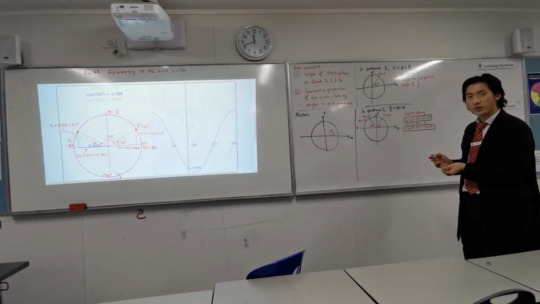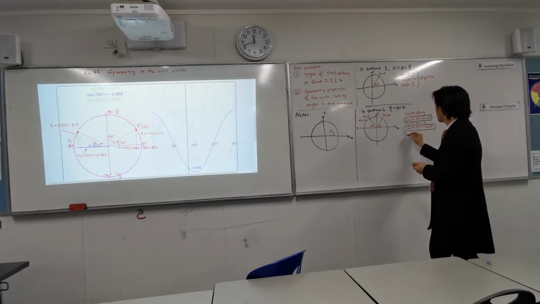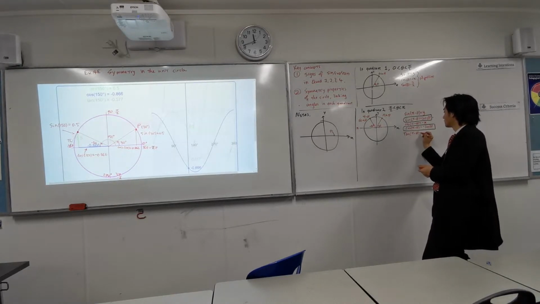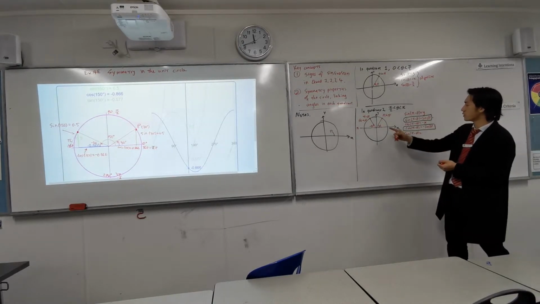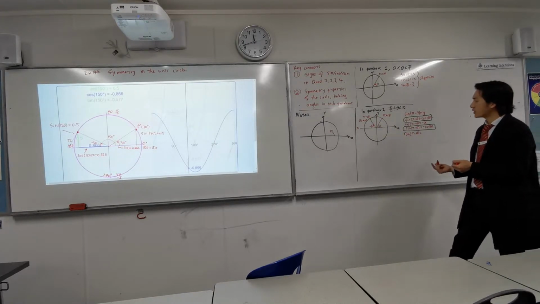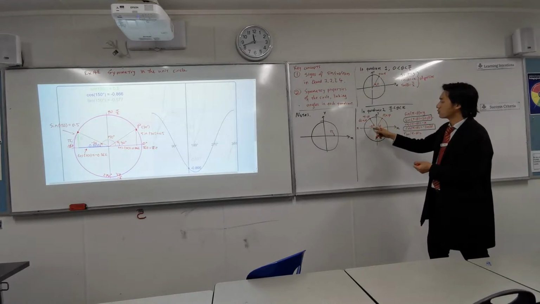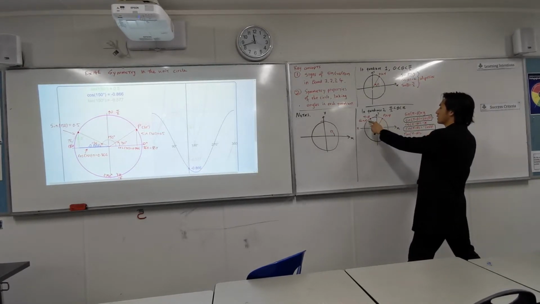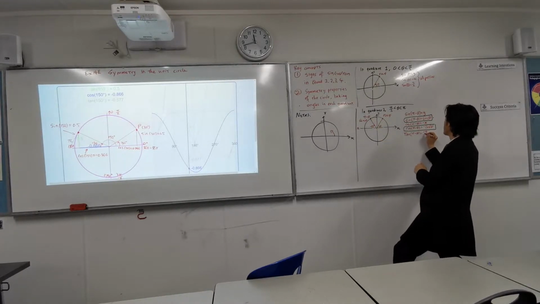Now lastly, we can look at the tangent. The tangent in quadrant 2 seems to be negative, it seems to be going down. But we can prove that because we can do rise over run. So our rise from here to here would be negative y.